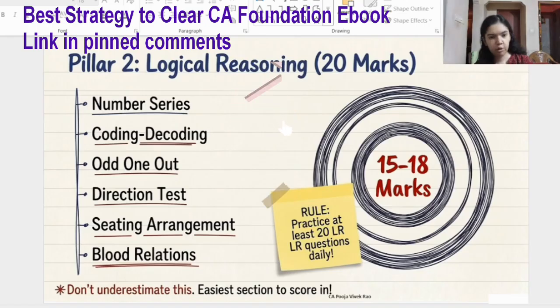One more important thing is that the section wise weightage is equal for all the chapters. Once you understand the logic behind these chapters, solving questions becomes much easier. So don't neglect any chapter from this portion. My recommendation here would be to practice at least 20 logical reasoning questions every day. With consistent practice, you can easily score 15 to 18 marks out of 20 marks.